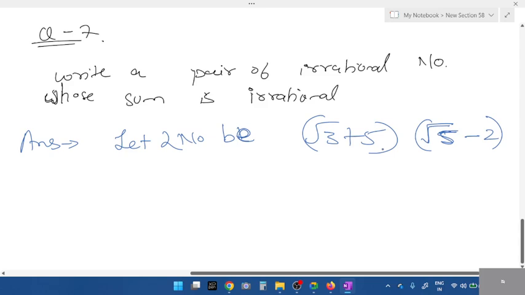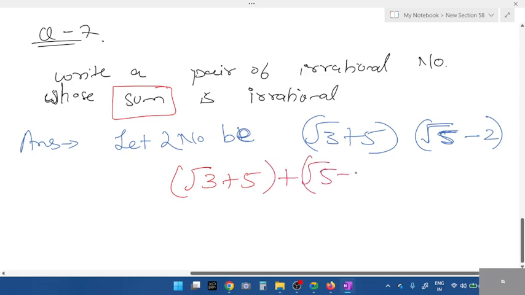See, one irrational, one rational I've taken, right? These are the two numbers I've taken. What they've asked is whose sum is irrational. If it is sum, what do you mean by sum? Add, subtract, multiply, or divide. Add. We'll take both the numbers, root 3 plus 5, and add it to root 5 minus 2.